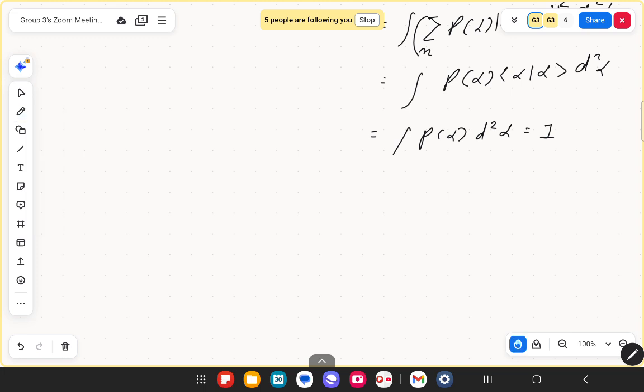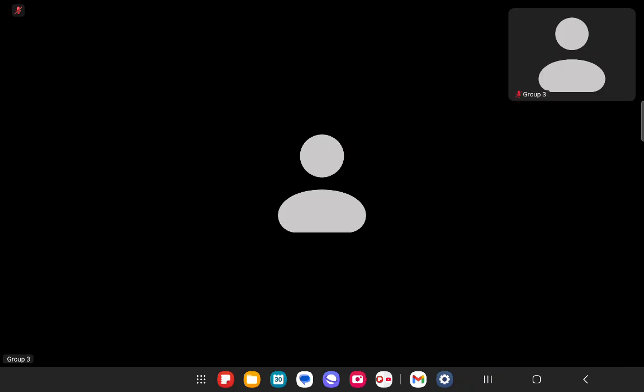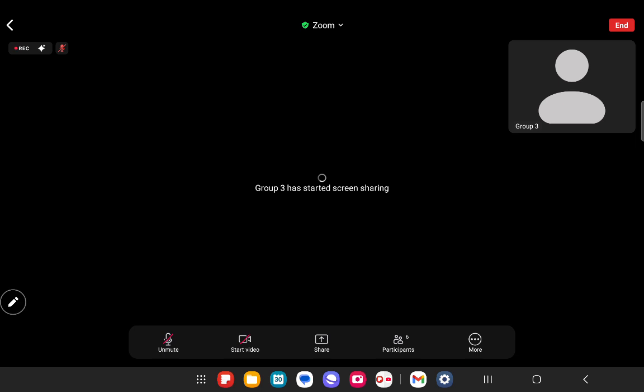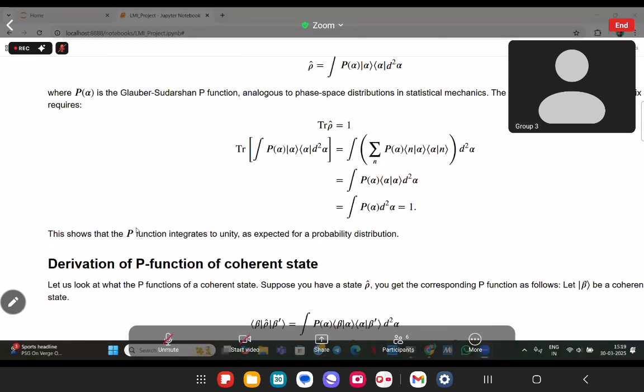So this shows that the P function integrates to unity as expected.